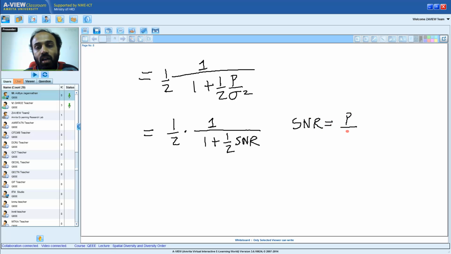Remember there are two SNRs in the system, one is the receive SNR, one is the transmit SNR. We can think of E over sigma square as the transmit SNR.